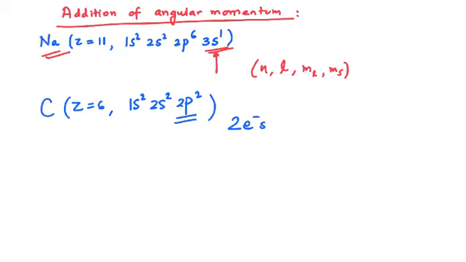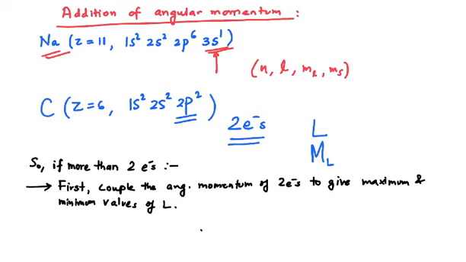In order to find the angular momentum of carbon, we must combine the angular momenta of the two 2p electrons to find the total orbital angular quantum number L, and also the total magnetic quantum number ml.